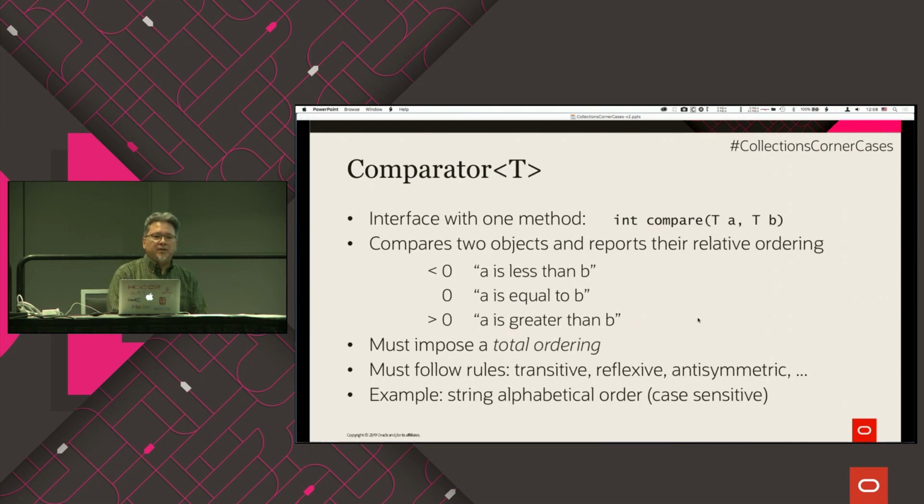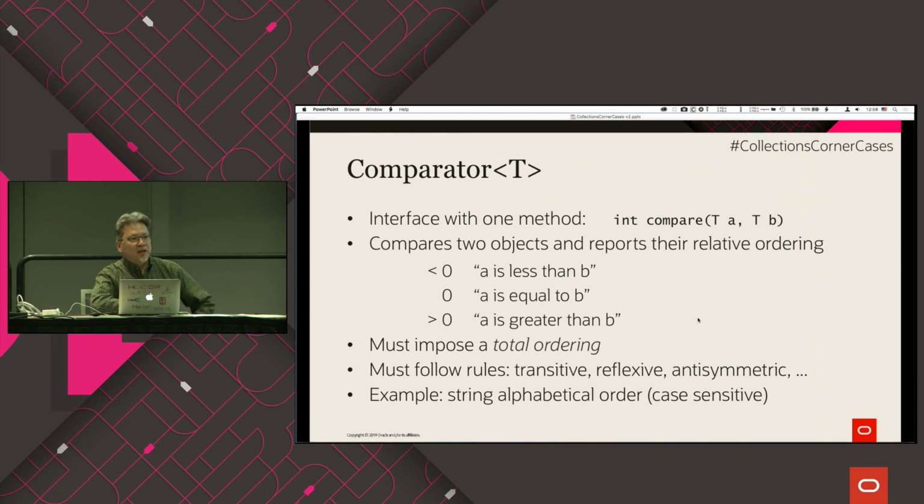All right, so a comparator is an interface. It has a bunch of other methods, but the main method is a method called compare. It takes 2 arguments of type T and returns an int. And that int shows the relative ordering between A and B. So if that int is less than 0, it means that A is less than B. If the return value is 0, it means that A is equal to B, asterisk.